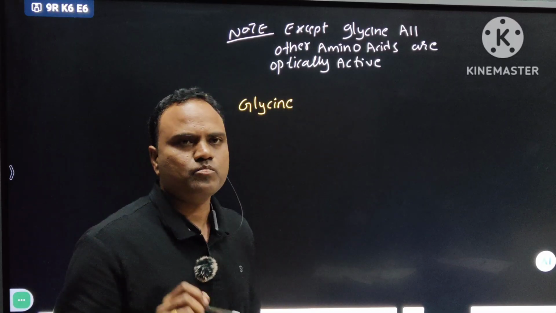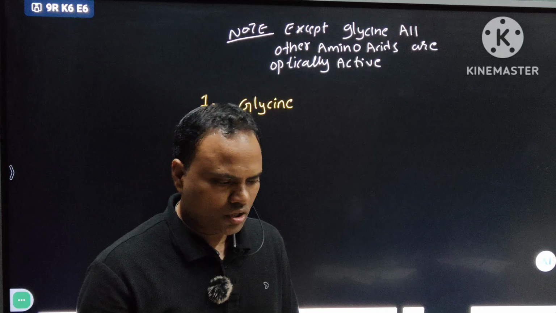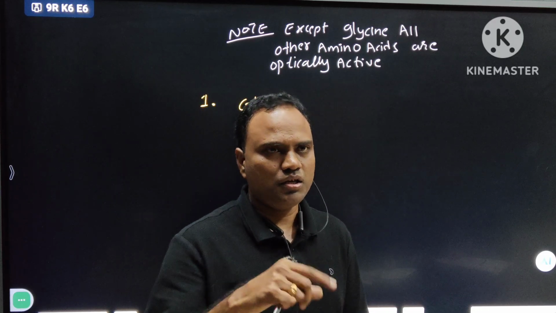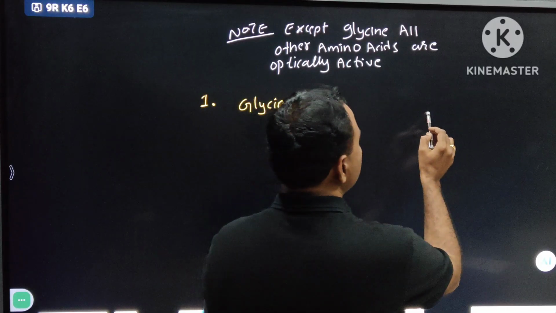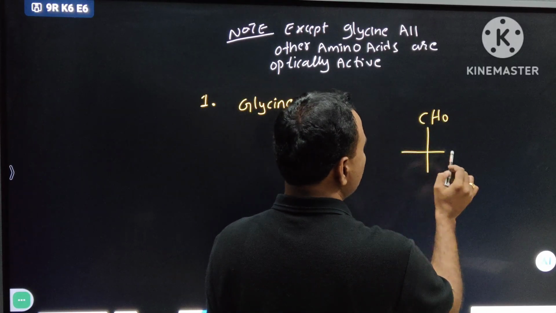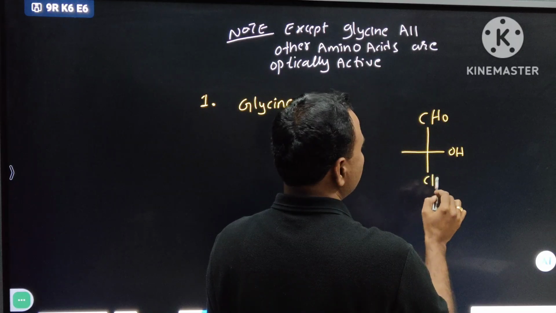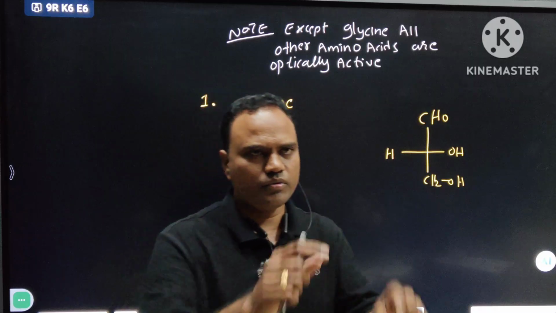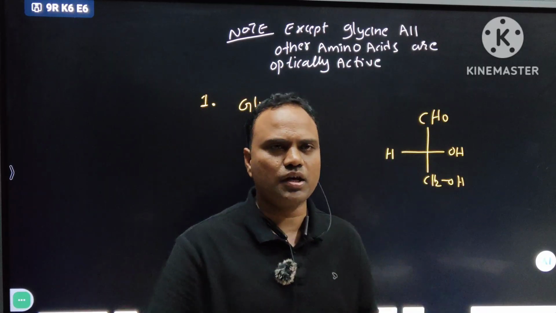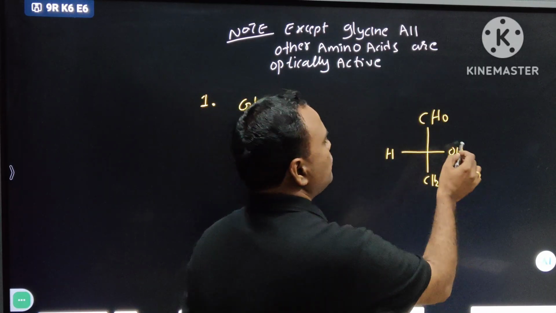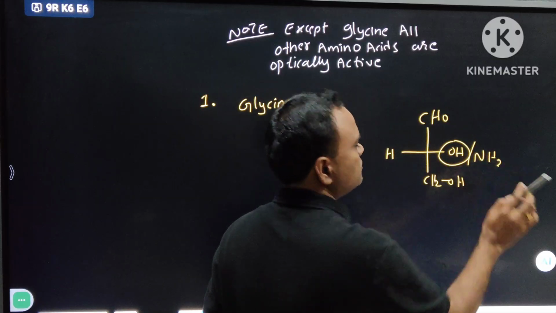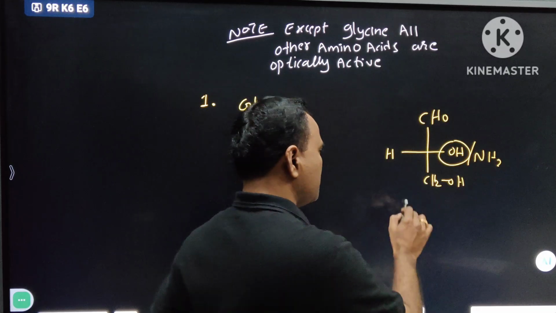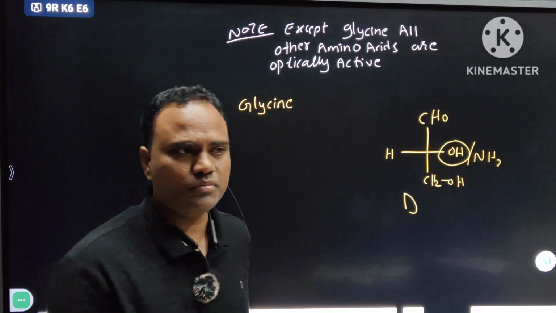See, all amino acids are in the form of capital L. You know capital L, capital D. Recall glyceraldehyde, given in the classification of monosaccharides. If an OH group or NH2 group is present on the right hand side, that is called the capital D form.